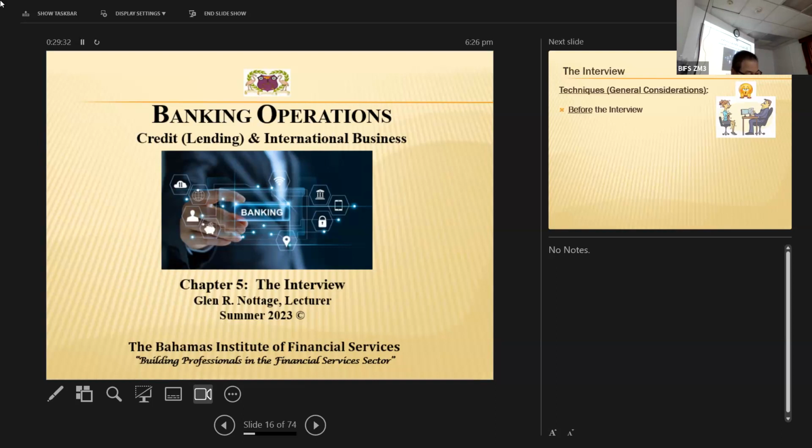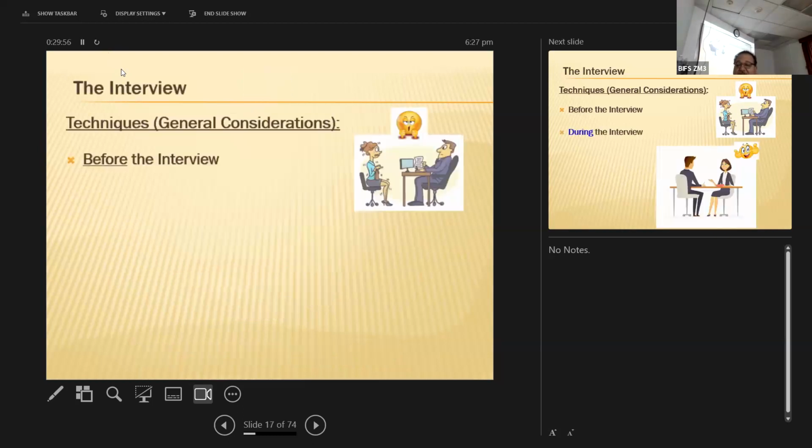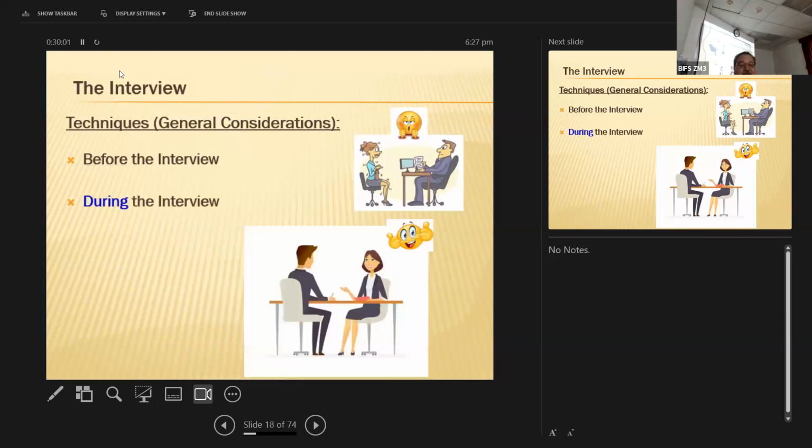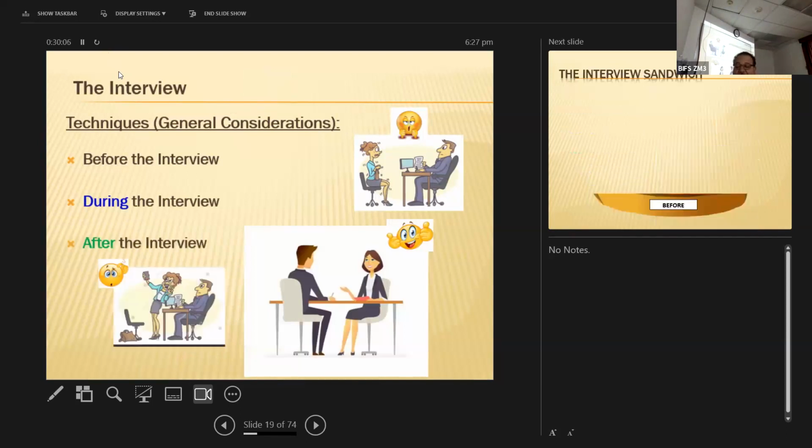There are 3 parts to the interview, believe it or not. And there are things that we do before, during, and after. So for those of you who thought the interview was just what actually happens at the actual interview, you have 3 parts. It's what happens before you see the client, what happens while you're seeing the client, and what happens when the client leaves.